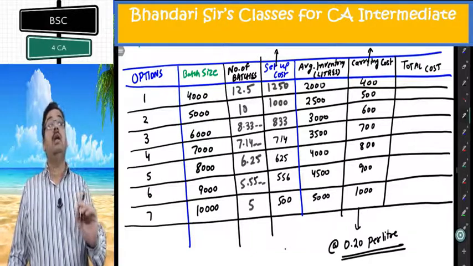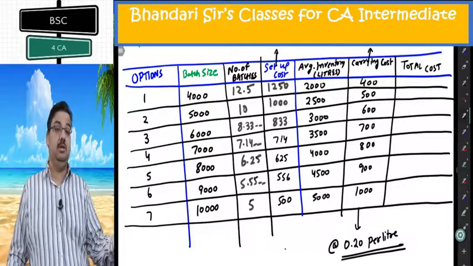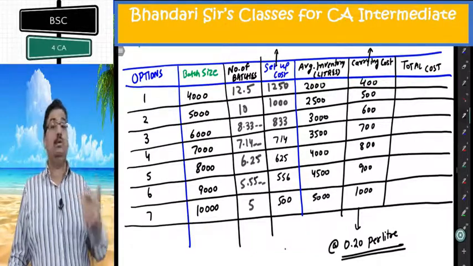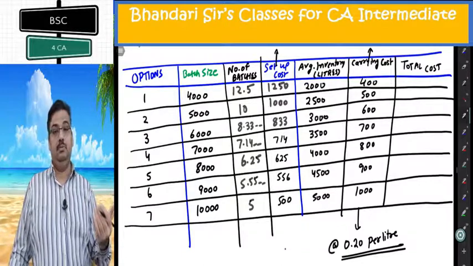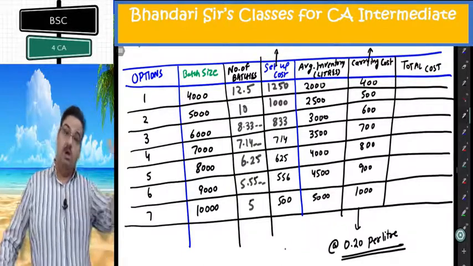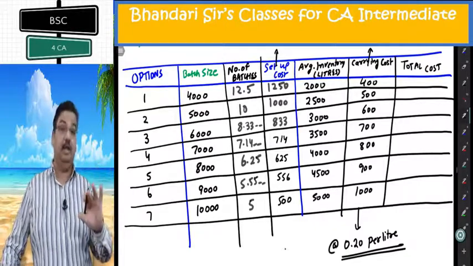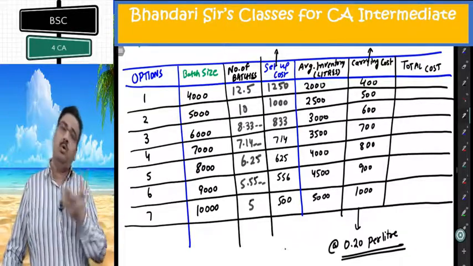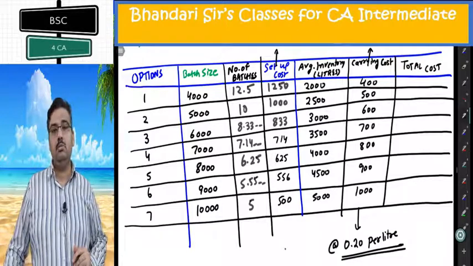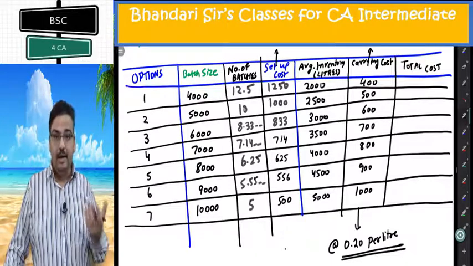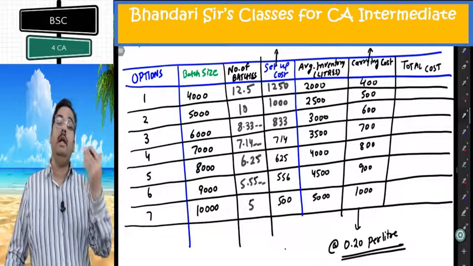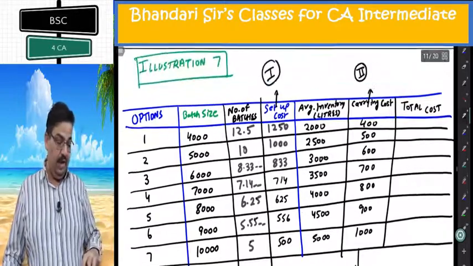In 1 square meter, there are 250 liters. So per liter cost is only 20 paisa. 50 rupees I am paying for 250 liters, so in 1 liter, I am having a cost of only 20 paisa. So from there, I am getting this.